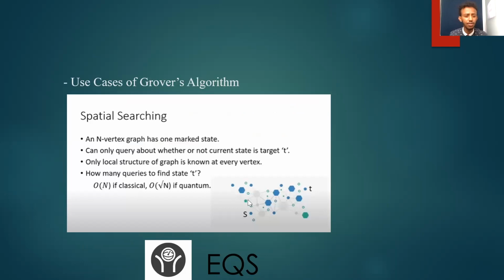So now I'd like to discuss the use cases of Grover's algorithm. Grover's algorithm could be applied to spatial searching problems. For a vertex graph, when we're searching, as I mentioned before, queries using classical algorithms would have big O(n) efficiency, but then the effectiveness of the algorithm would be amplified by a quadratic factor.